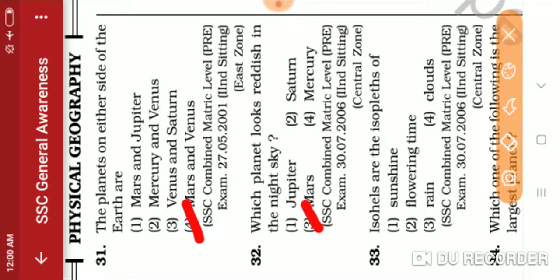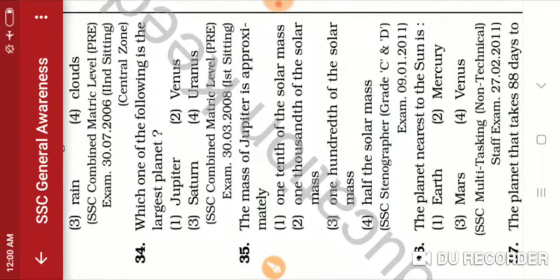Next question is that isohels are the isoplates of. Isohels are the isoplates of, of course, sunshine. Next question. Number 34. Which one of the following is the largest planet?